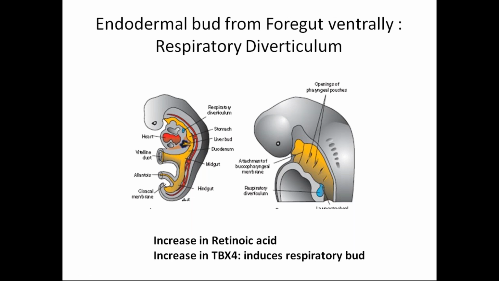That means respiratory system, from where is it being derived? It's a derivative of the foregut. Now think about it. Respiratory system is coming from the foregut.